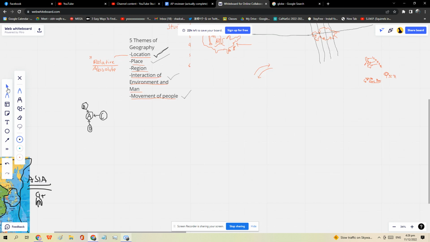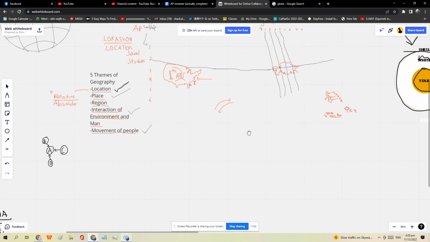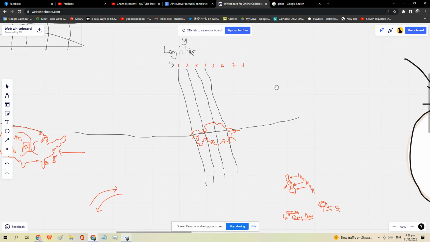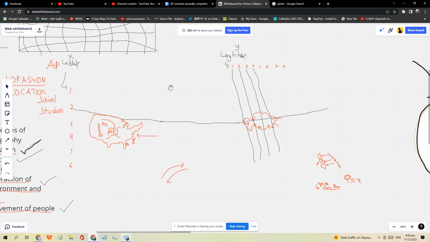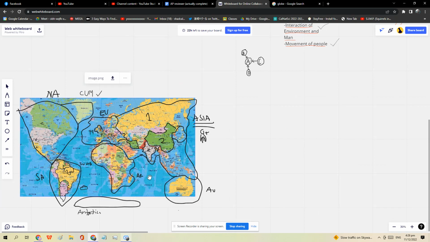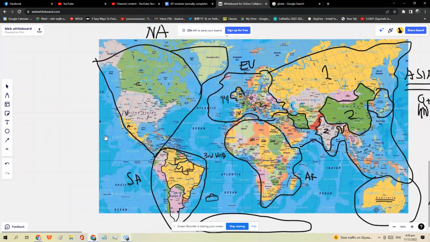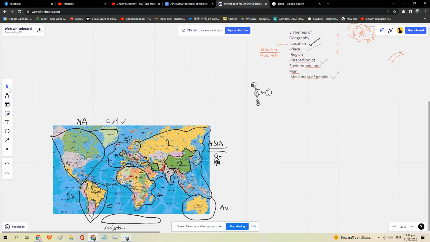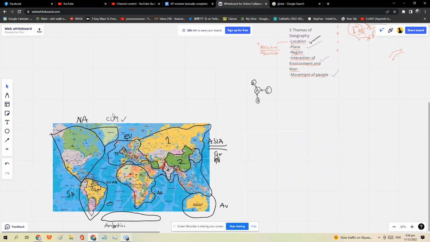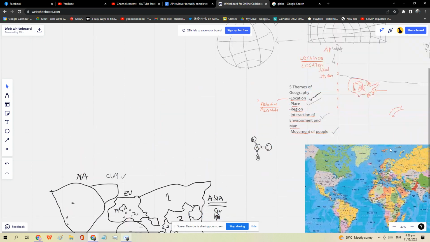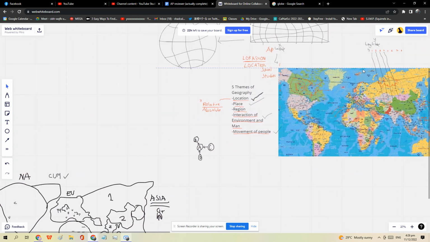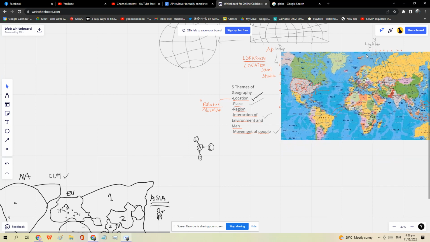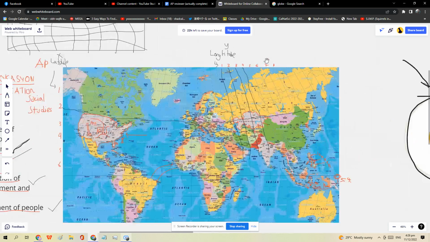However, if you want to find an absolute location, you are going to need to use the longitude latitude system. In which case, let's borrow this map for a bit. Here's the longitude latitude system.